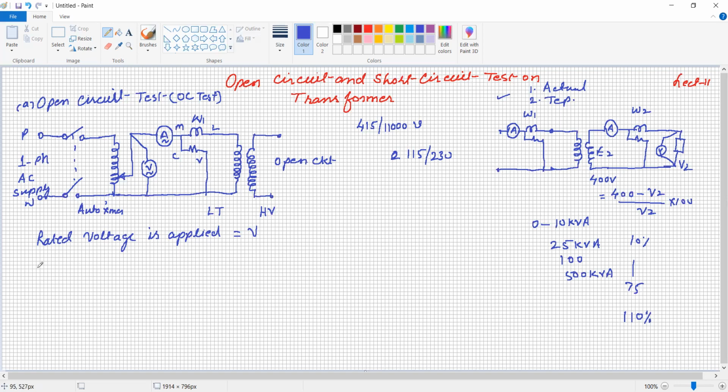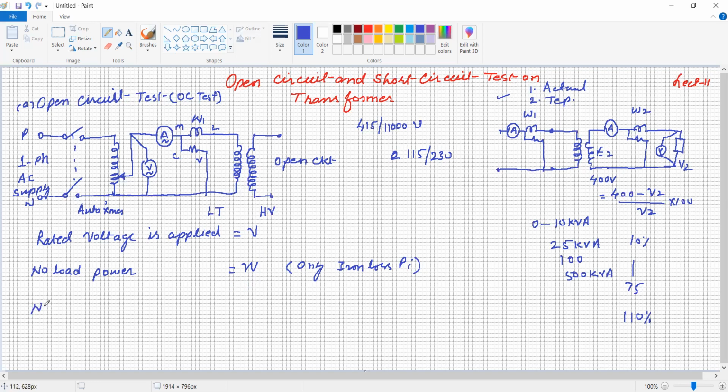So W, the no load power, is used only to overcome the iron loss Pi. It may be written as P0, the power at no load condition, or W. We will use one notation only for simplicity.